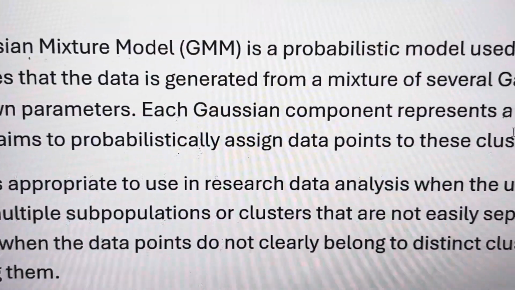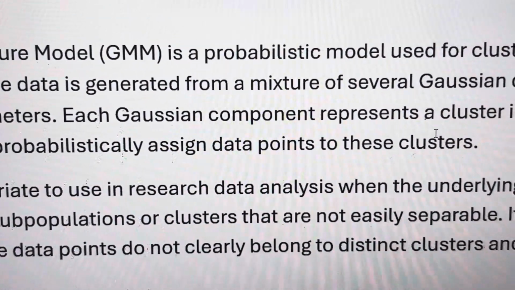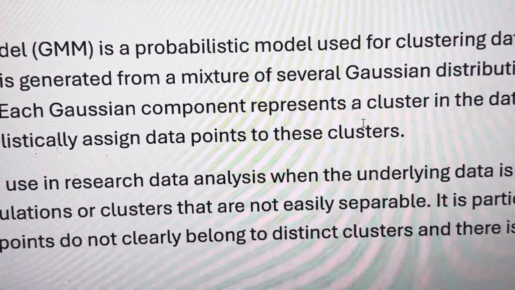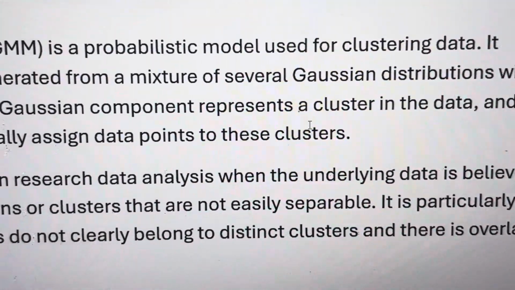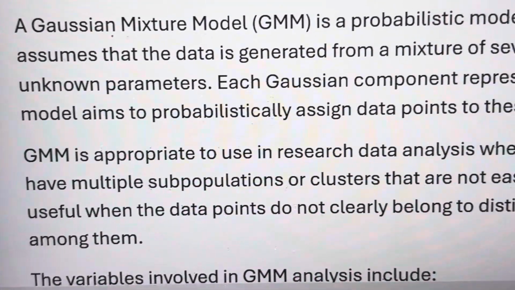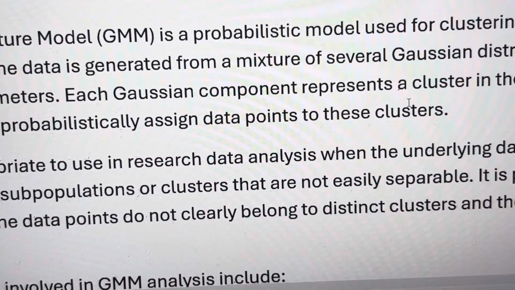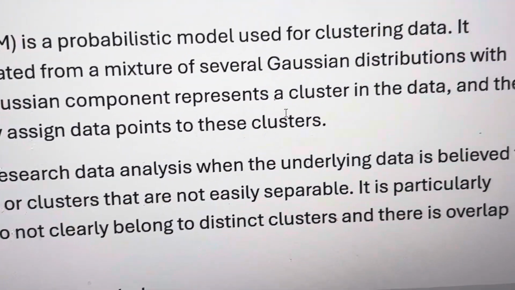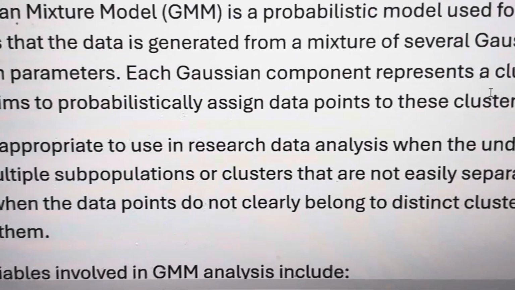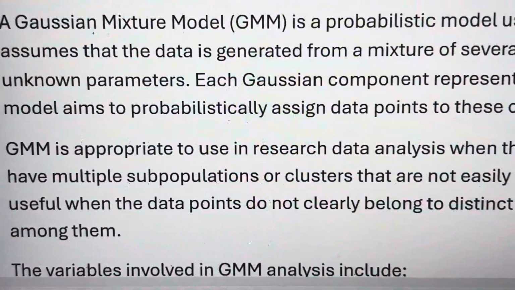A Gaussian mixture model is a probabilistic model used for clustering data. It assumes that the data is generated from a mixture of several Gaussian distributions with unknown parameters.